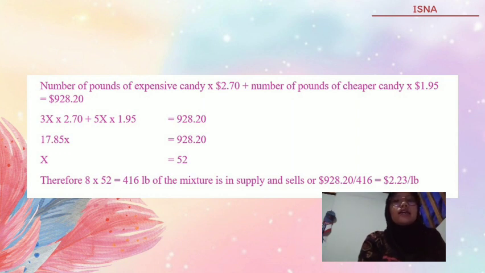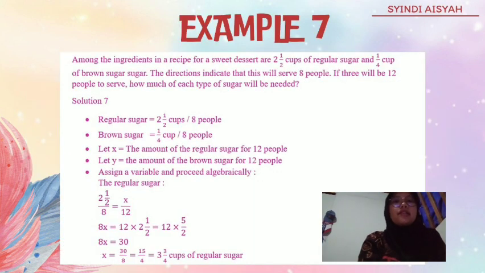Therefore, 8 times 52 equals 416 pounds of the mixture is in supply, and sales are $928.20 per 416 equals $2.23 per pound.